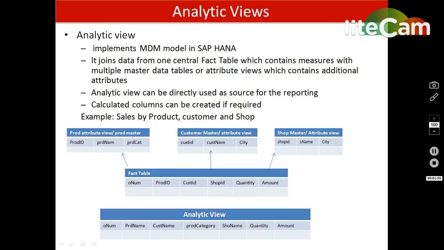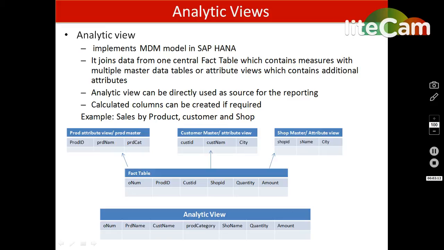But as my end user, my customer needs a report. For example, your branch manager needs a report with all the orders, the quantity and amount which is sold, along with the product name, from which shop, the shop name, and to which customer this particular order ID is sold.